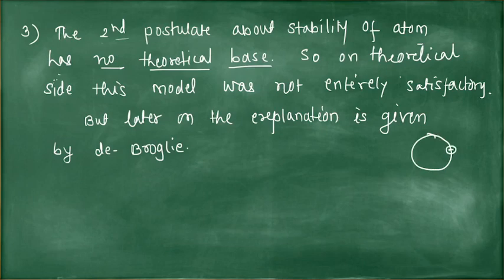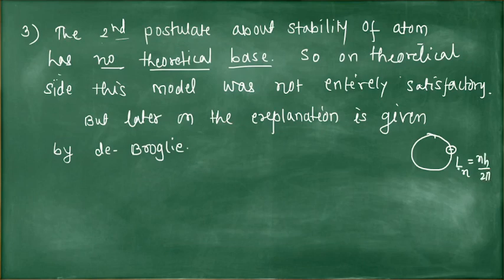Electron revolves in the Bohr orbit. Bohr orbit means stationary orbit, stable orbit, without radiating energy. But there is a condition. Which is the condition? The angular momentum of electron is integral multiple of h upon 2 pi.